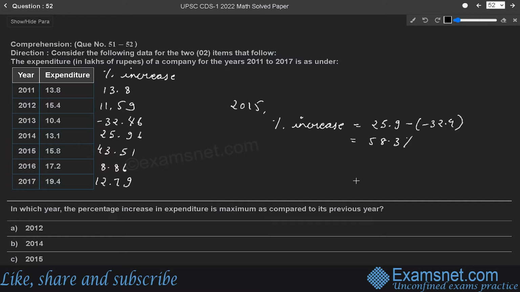During 2014, percentage increase is maximum as compared to the previous year. So therefore the correct option for this question is 2014. So the correct option here is option number B. See, these are simple questions. Whenever the directions are same, you do not have to solve the full question in all the coming parts.